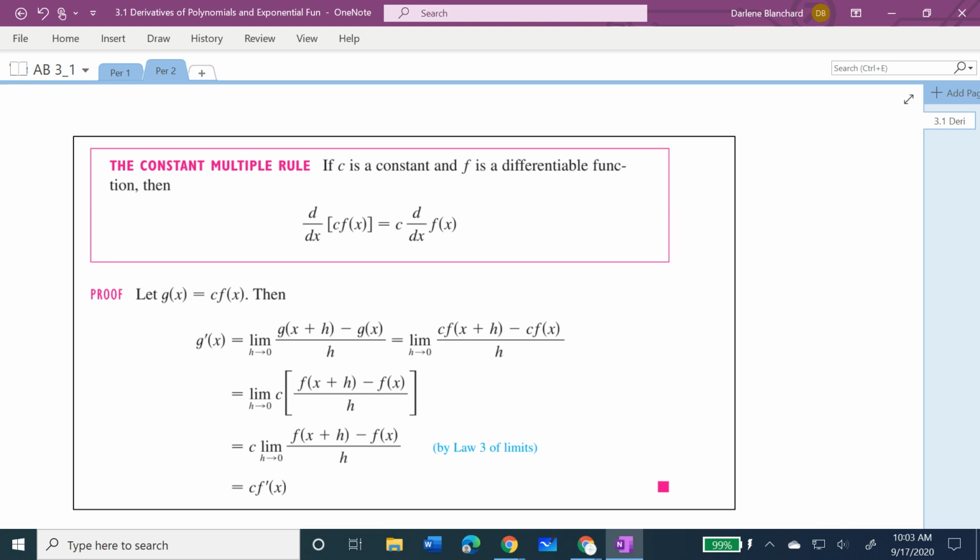What happens to a graph when I multiply it by a constant? You guys see what I'm doing, right? Does that affect slope?